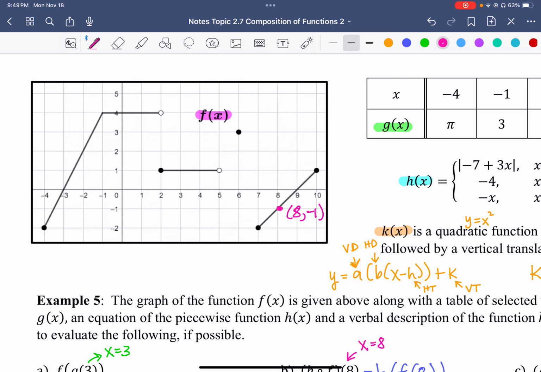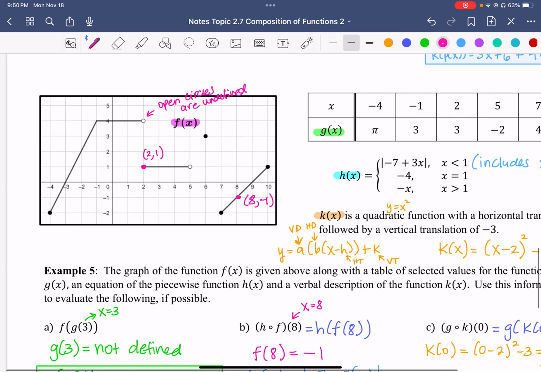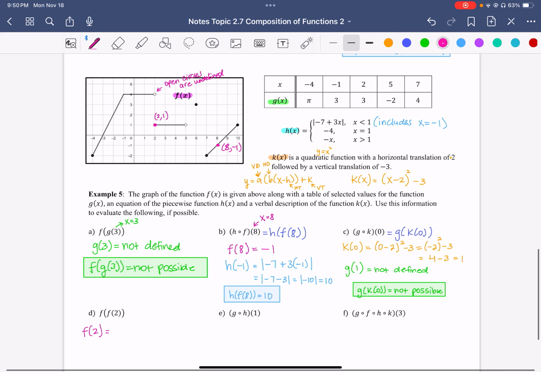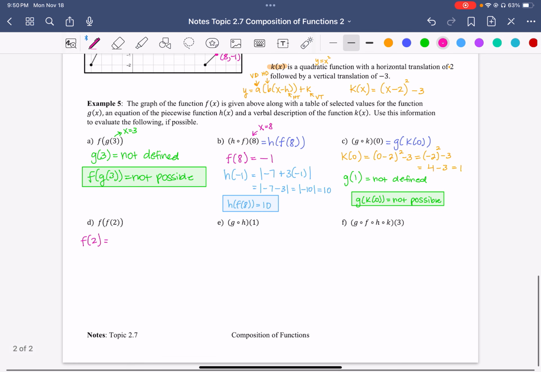When you're given the option, you always have to pick the one that is closed. So when x is 2, y is 1, okay? So open circles are undefined. So you're never going to pick those. There's basically nothing there. It's not existent. They're just showing you that it's undefined there. Okay? So f of 2 is positive 1.